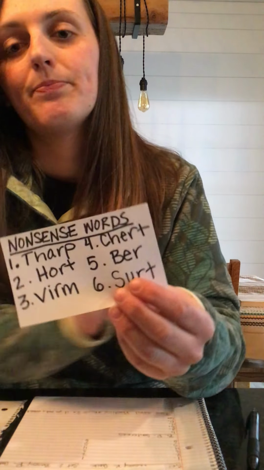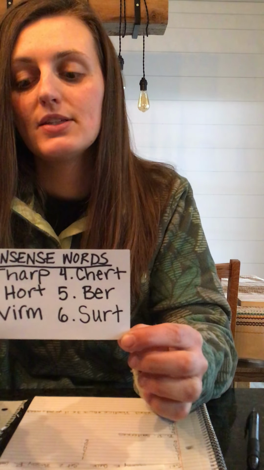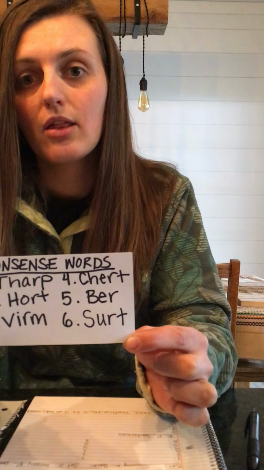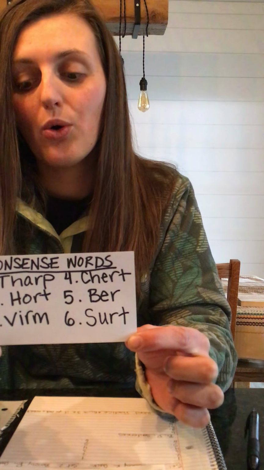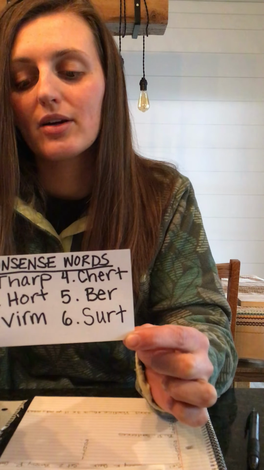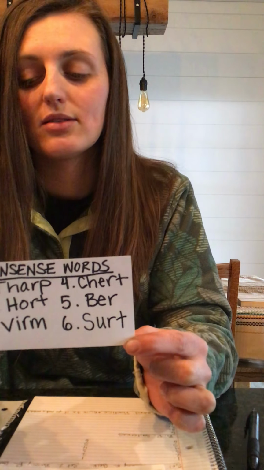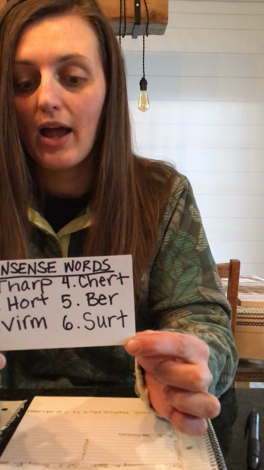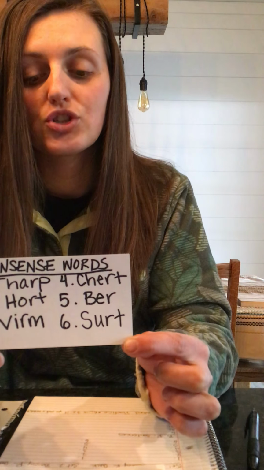And now we are going to check. Okay? Tharp. T-H-A-R-P. Tharp. Number 2, hort. H-O-R-T. Reminds me of Tim Hortons. 3, verm. V-I-R-M. 4 is chert.